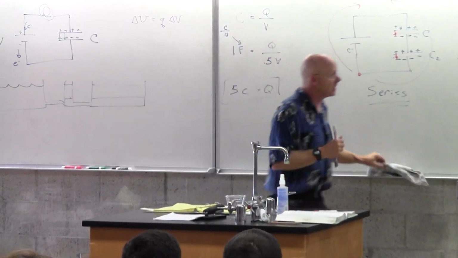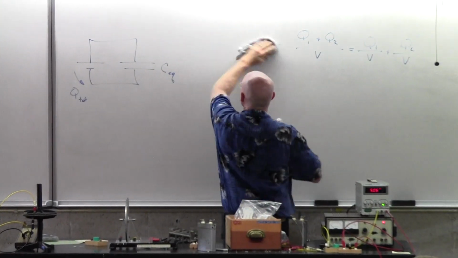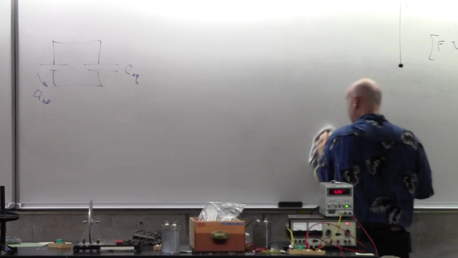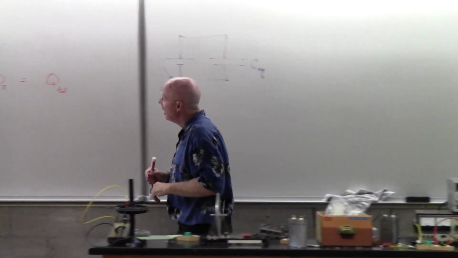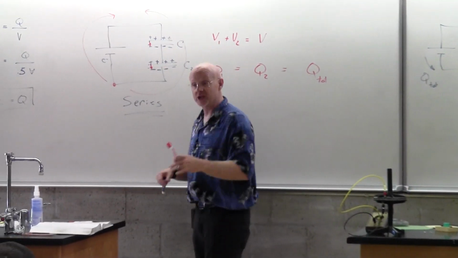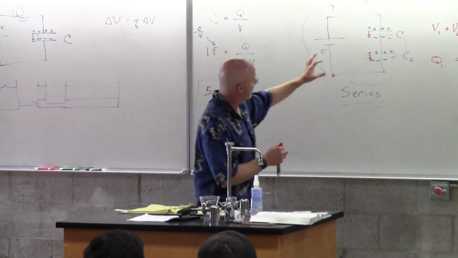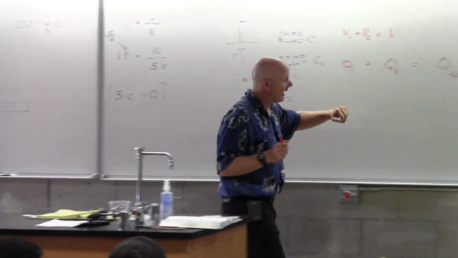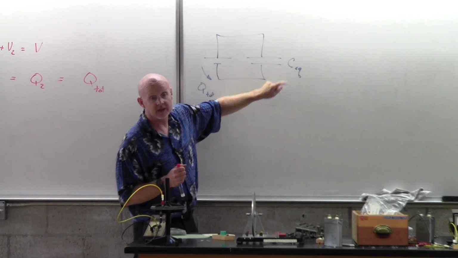Now, keep that in mind, because here's my question for you. Like we did over here for the capacitor that was in parallel, it might make it nice to think of these two as just one capacitor. And so, even though it's physically 2, I'm going to draw a picture like this and say, what's the equivalent?